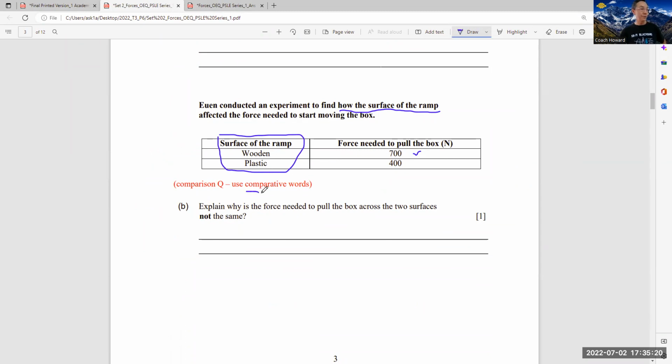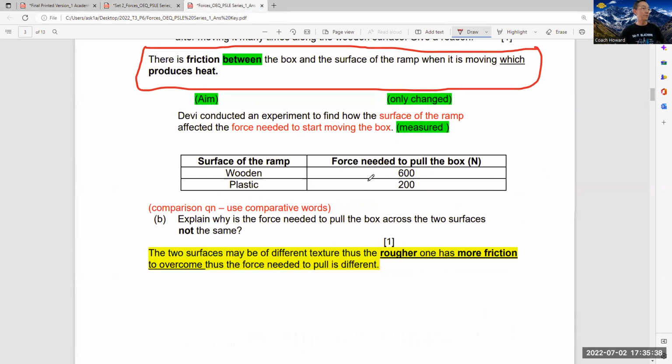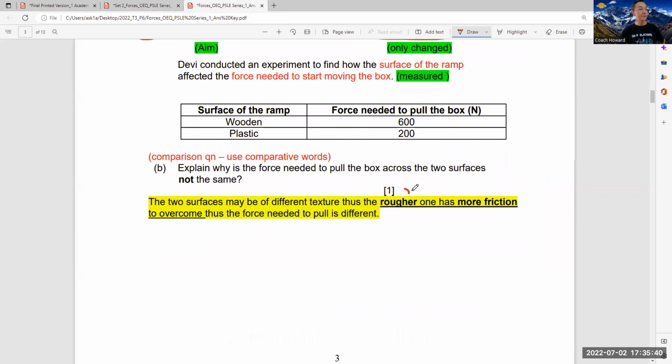So you notice I put here, use comparative words. This is our question, you must use comparison. Explain why the force needed to pull the box across the two surfaces is not the same. In terms of answering this question, you must use comparative words like rougher.